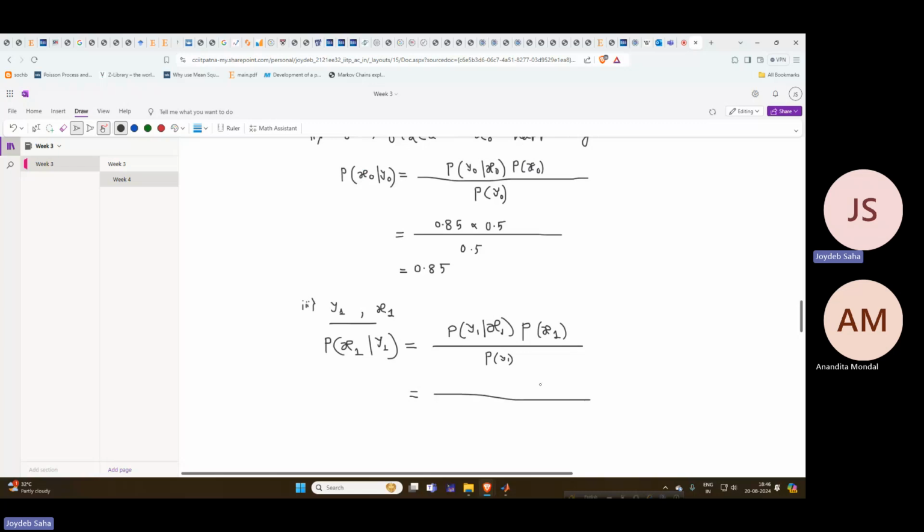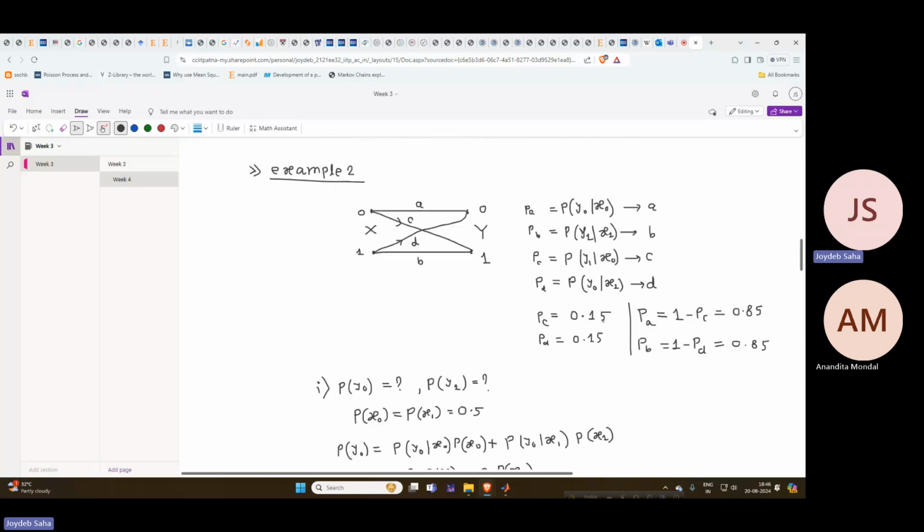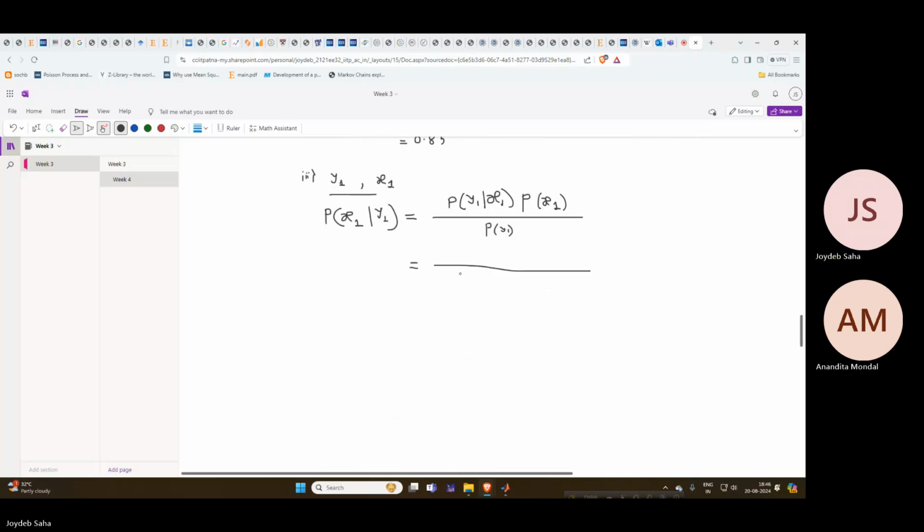So what is probability of y1 upon x1? y1 upon x1, that means p of b, and pb is 0.85, into p of x1 is 0.5, p of y1 is 0.5. No, it is coming 0.85. I think you have made some mistake in putting the values. Please check it. Okay.